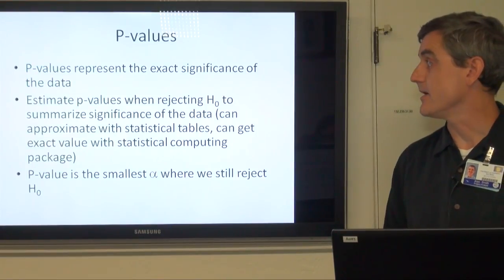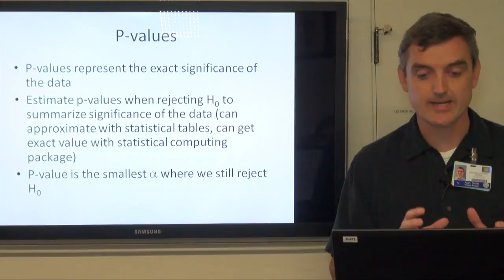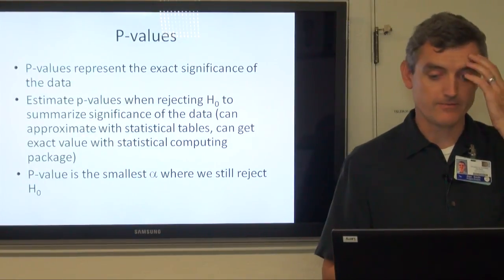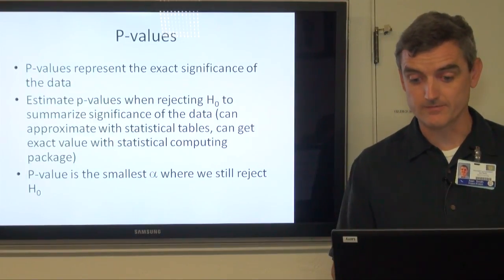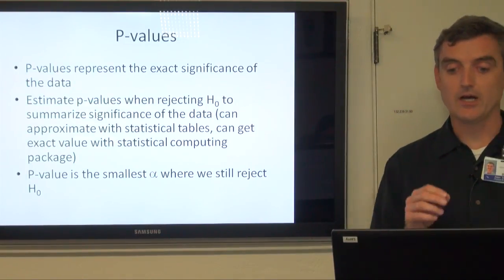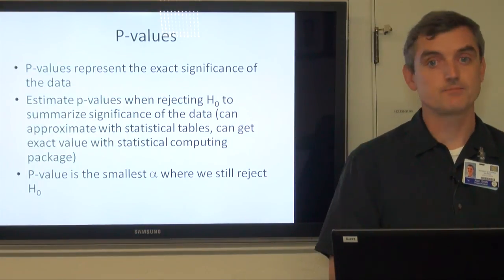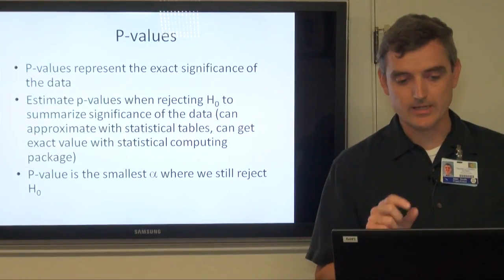So we can calculate an estimate of the p-value to summarize the exact significance of the data. We can get an approximate value if we have a statistical table of z or t values. But with a statistical computing package like even Excel, but I like to use SPSS, we can get an exact value.